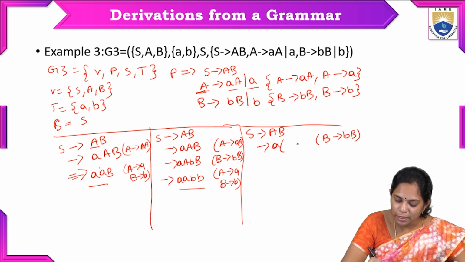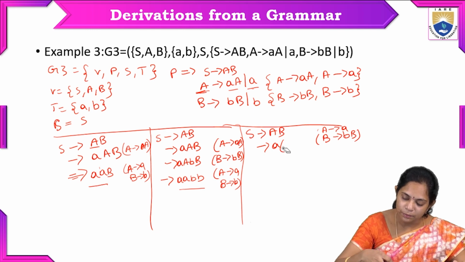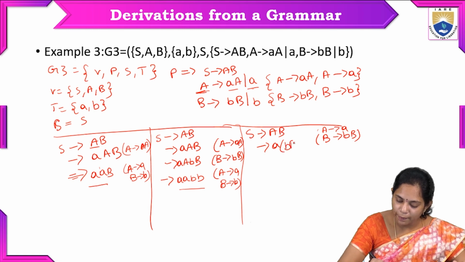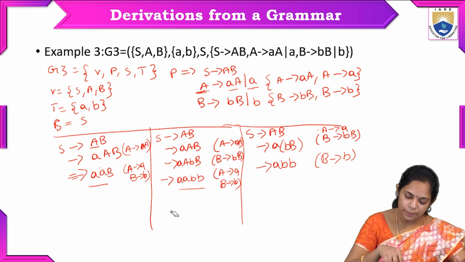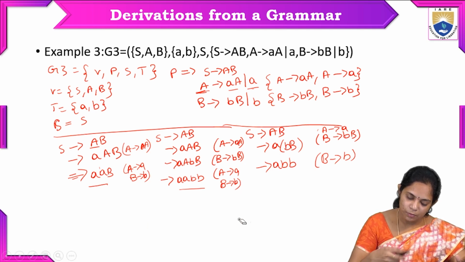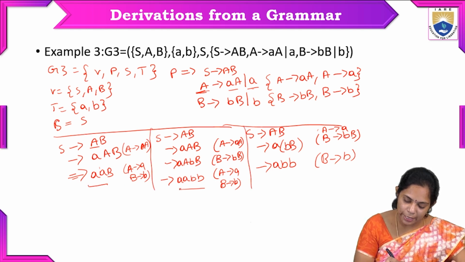So A is equal to A. We are substituting these values. B, B. After substituting B tends to B, we get B. So by using all this, we have AAB, ABA, BB and ABB. So we will write the language of this grammar.